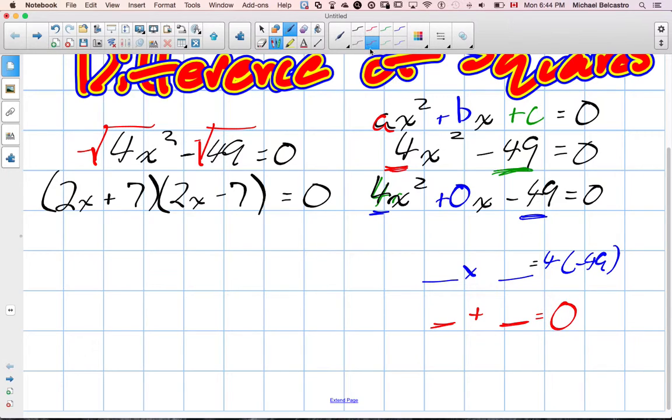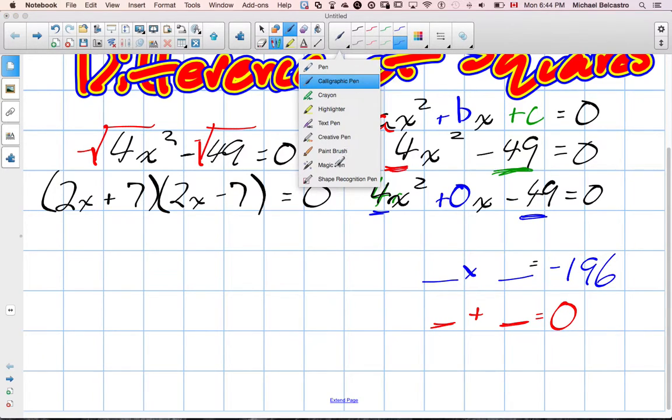That's 196. Perfect. So negative 196. So I need two numbers that multiply to negative 196 and add to 0.